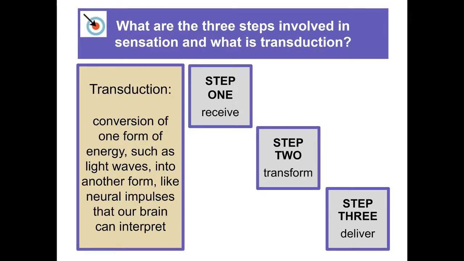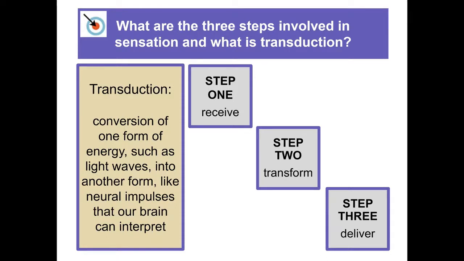So your eyeball's job is to absorb the light waves. The ocular nerve brings that information through the thalamus to the visual cortex of the brain, and that's the delivery portion. The transduction is in the cells that make up the retina, and the ocular nerve brings that newly transduced mental information or cognitive information to the actual brain.